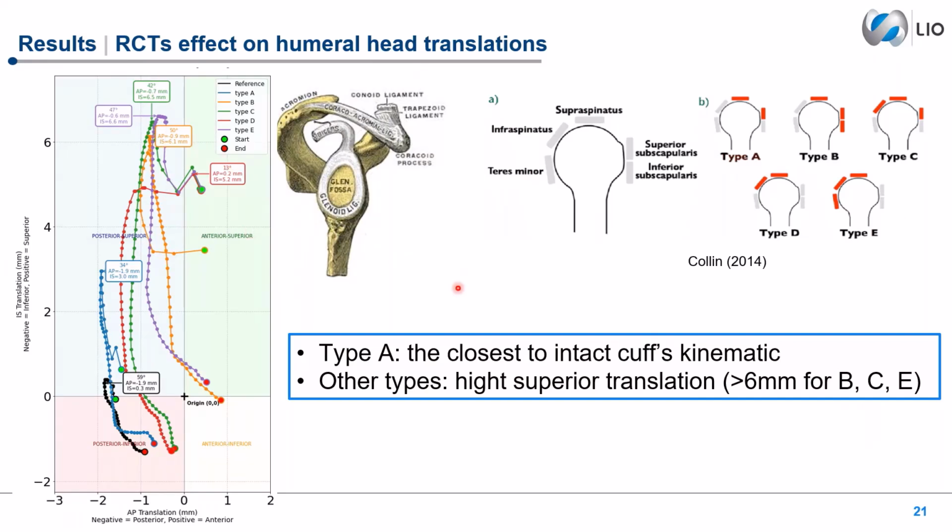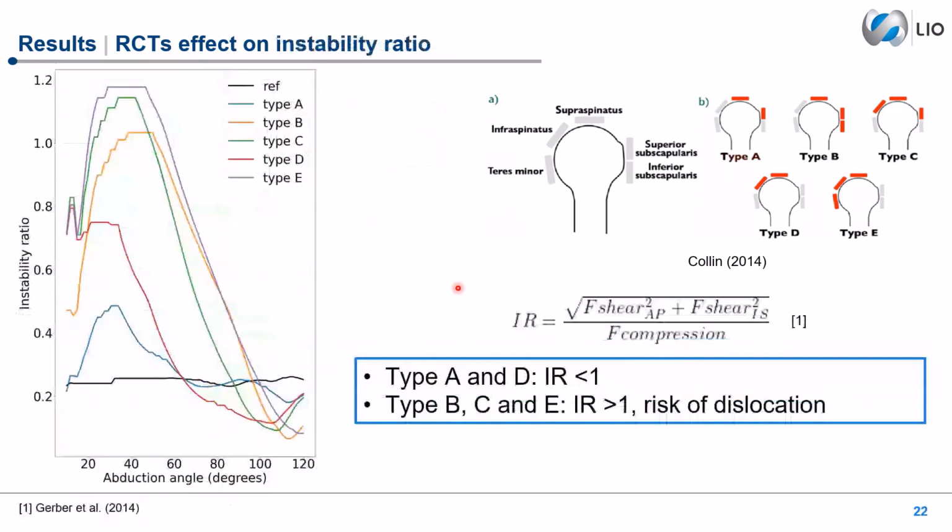If we now look at the instability ratio, as expected, with the reference the cuff will activate well, and it's very stable, close to a ball and socket joint, with only a very low instability ratio, so a lot of compression. The blue one, the one that was closer to the reference, also has a low instability ratio.